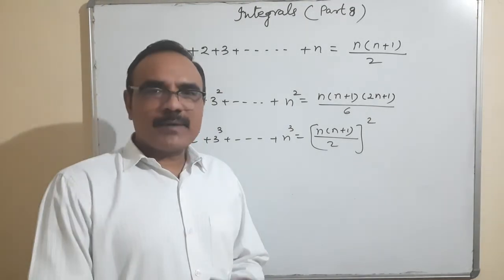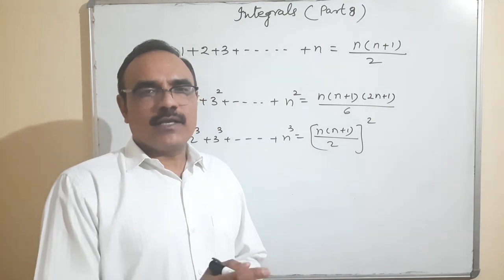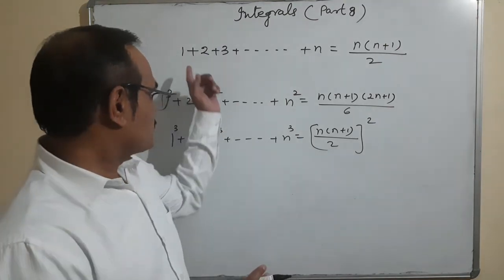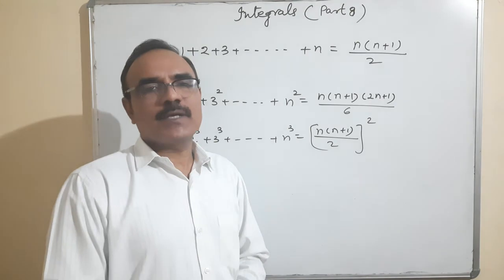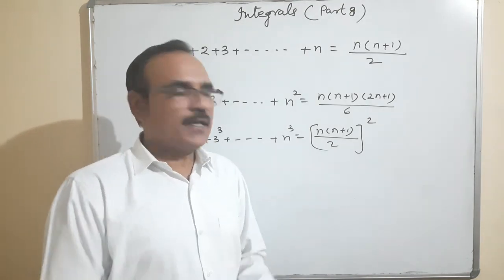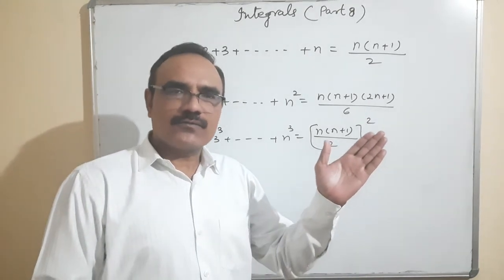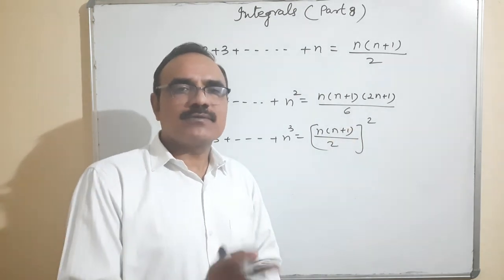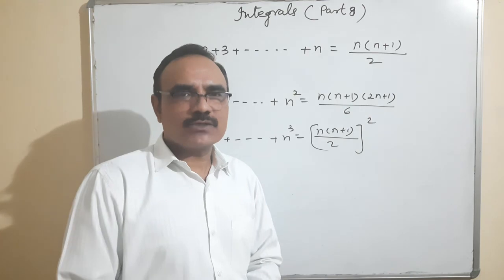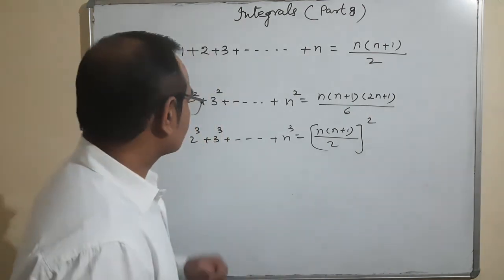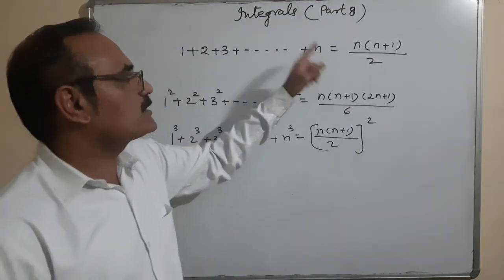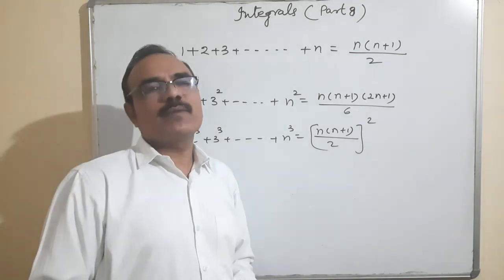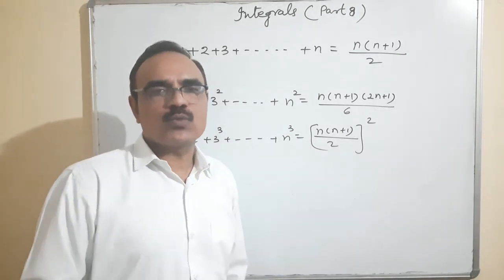But remember, when we are solving questions on limit of sums, the series will not go up to n terms, the series will go up to n minus 1 terms, because the second term starts from h, 1h, therefore the last term will be n minus 1. So rather than 1 plus 2 plus 3 up to n, we have to write up to n minus 1.